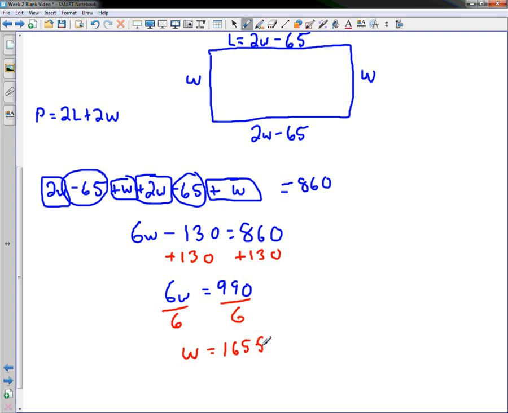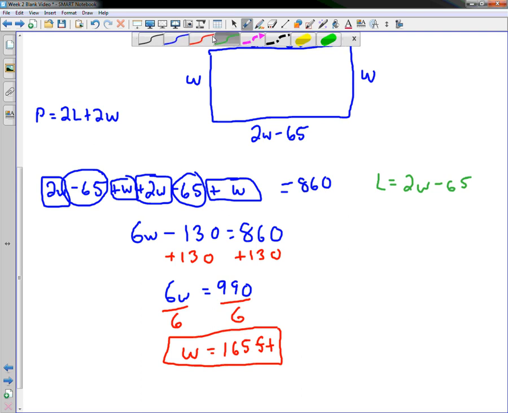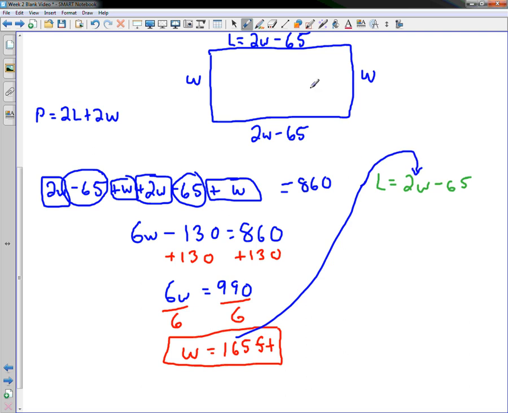So this is feet. Well, it's asking us to find the dimensions, so that's just the W. We need to find the length. Well, the length is 2 times W minus 65. So what I need to do is take the 165 and drop it into the W. So I have length equals 2 times 165 minus 65.